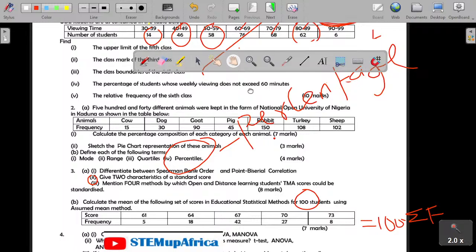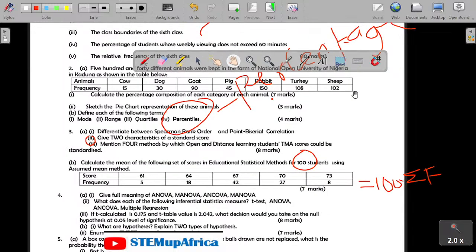So how do we get the assumed mean? You can get the assumed mean from the table they gave to you, from 61, 64, 67, 70, and 73. So from these numbers, you can get the assumed mean. Anybody have an idea how you can get the assumed mean from this table? I want suggestions.